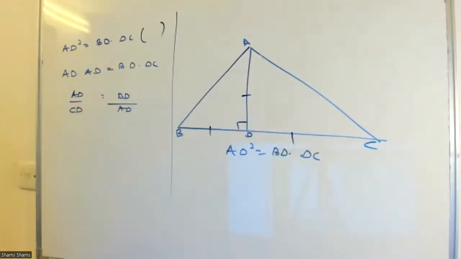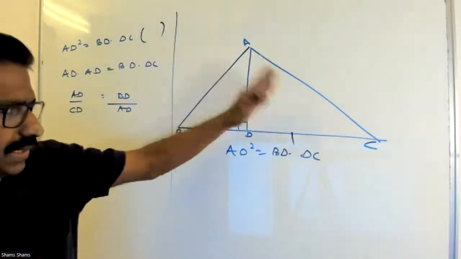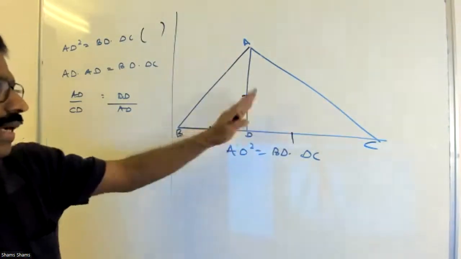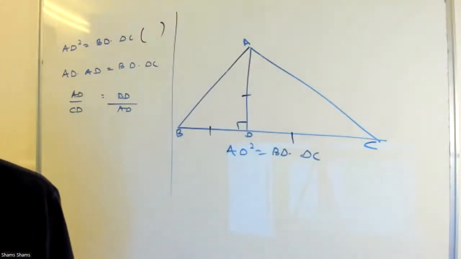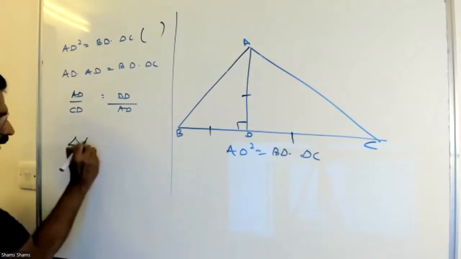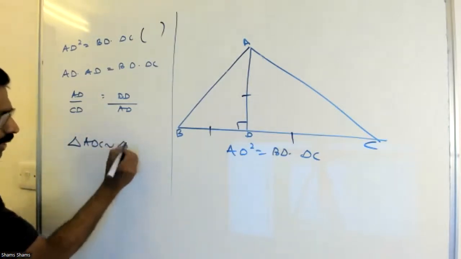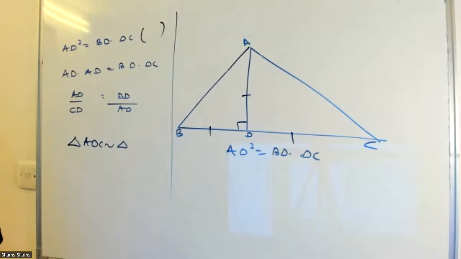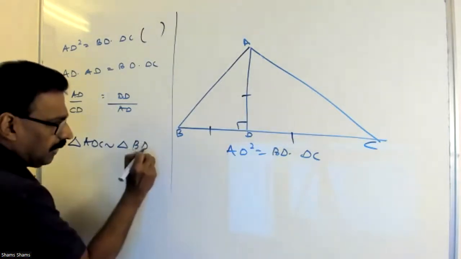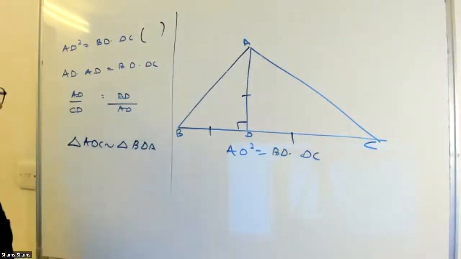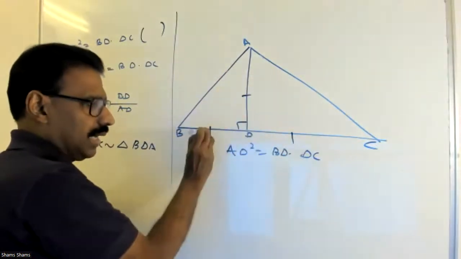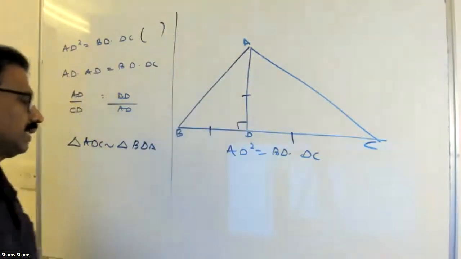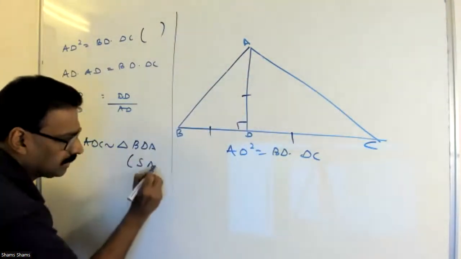Correct or no? So AD by CD equals BD by AD and angle D is 90 degrees. That means these triangles are similar. Which one? Triangle ADC is similar to triangle BDA, right? Side, angle, side. Therefore, these triangles are similar by SAS similarity.